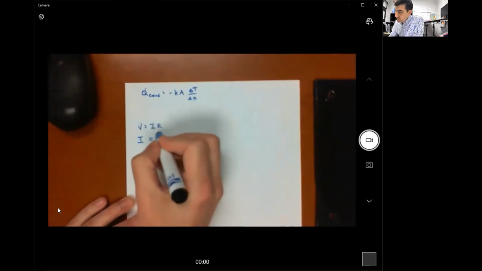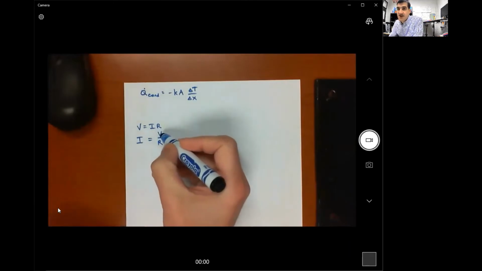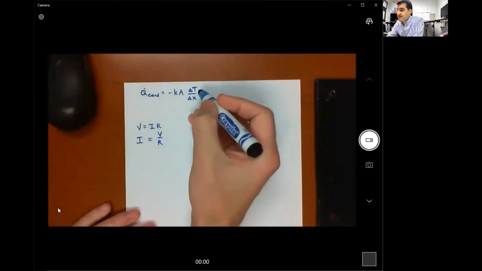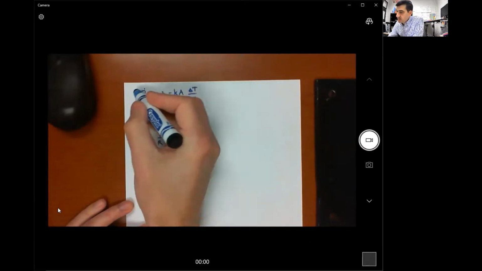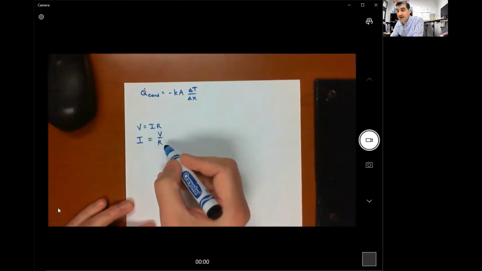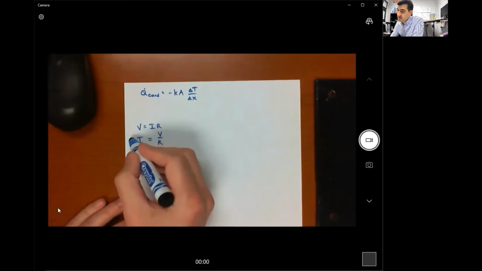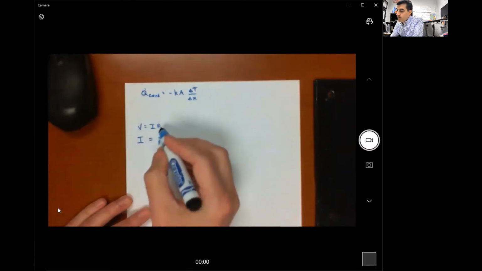We have I equals V divided by R. We know what our V is, our analog to V is delta T. So in order to make this equation match up with this, we need to be clever about what we define as R, our thermal resistance.